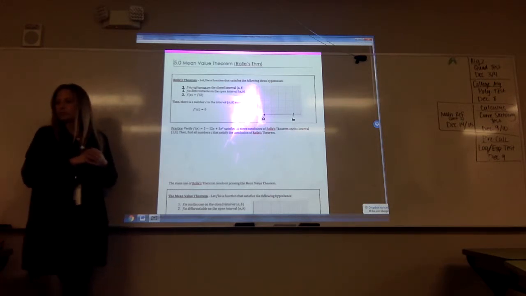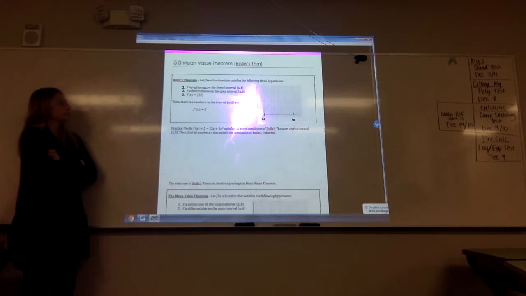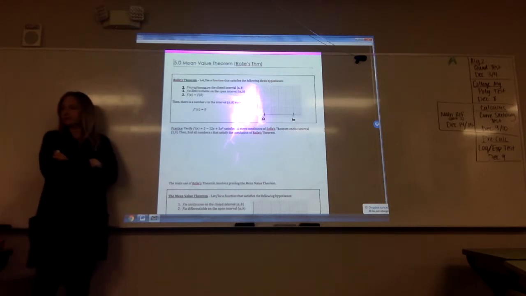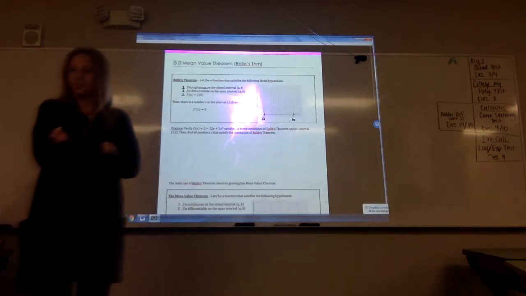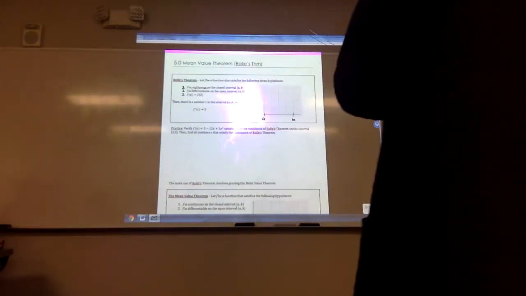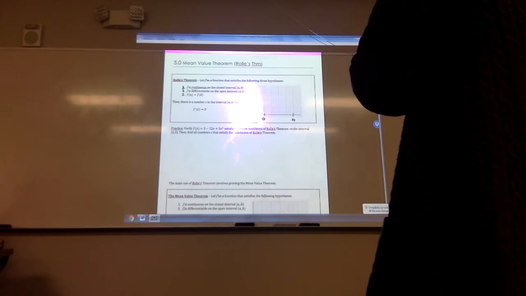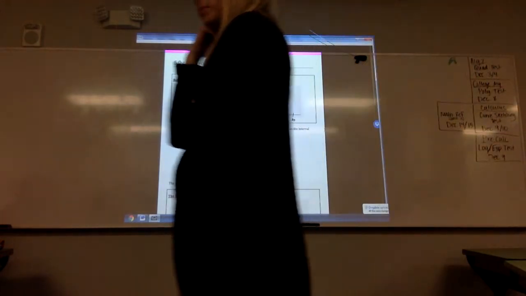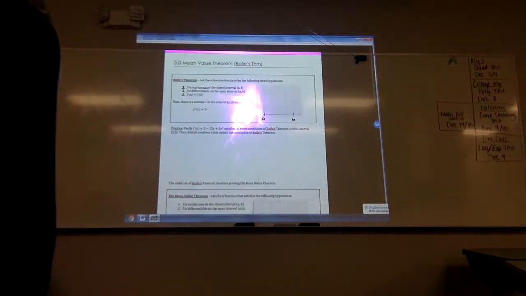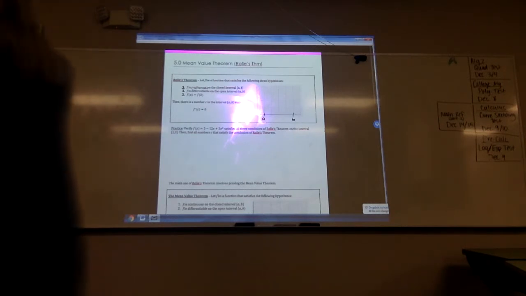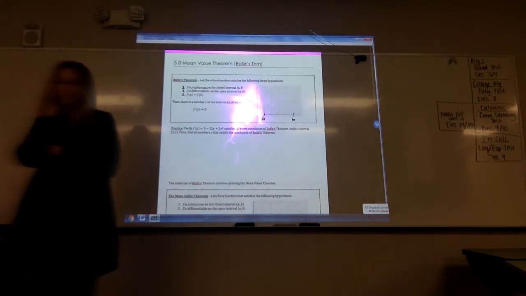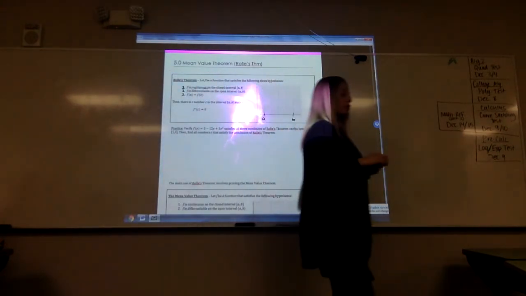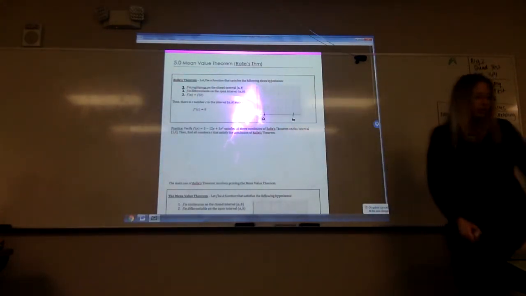Just to be clear, it could do anything within the interval as long as it ends on the same value. You guys all have to draw one before I go on. You're using pencils, so we can erase if we need to.